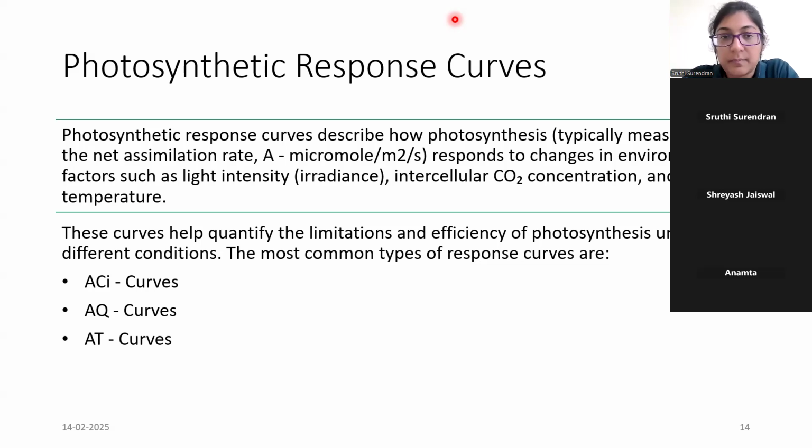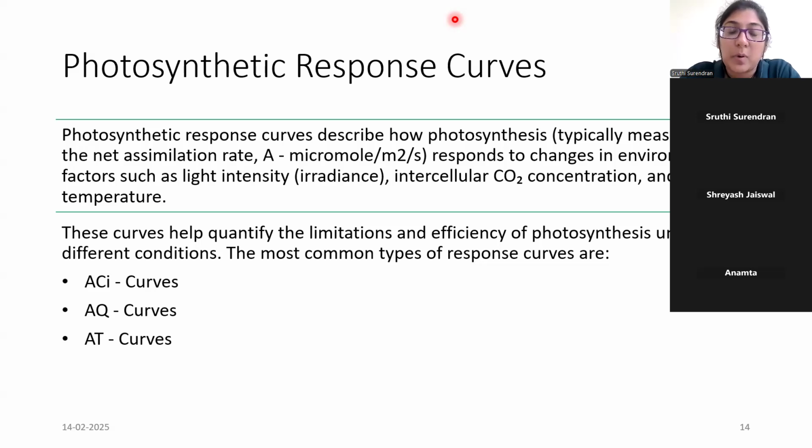Now we'll be entering what is required when we try to numerically model, or develop a model that will help us obtain the photosynthesis rate and transpiration rate through equations.